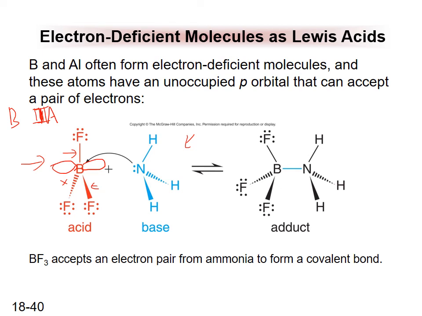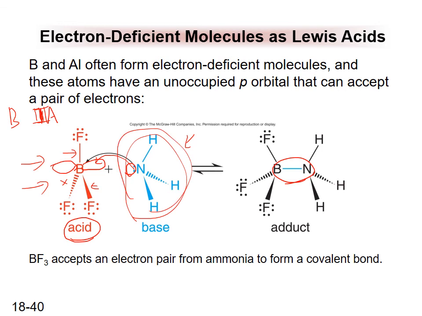And when ammonia approaches boron trifluoride, the lone pair electron goes to the empty p orbital and forms a bond. So that's a new bond. In this reaction, boron accepts the lone pair electron, so it's called a Lewis acid. And ammonia provides the lone pair electron, and it's a base in Lewis theory. And they form an adduct.